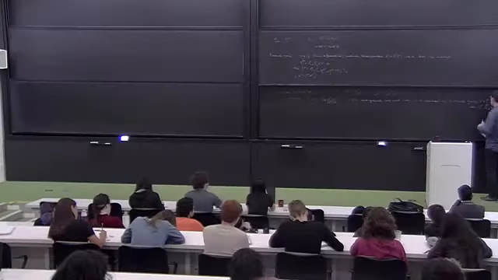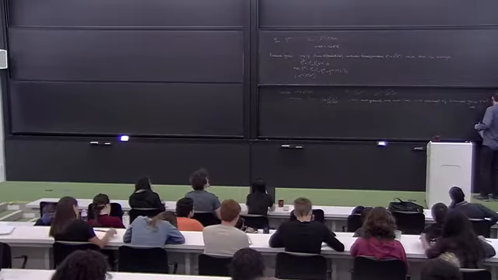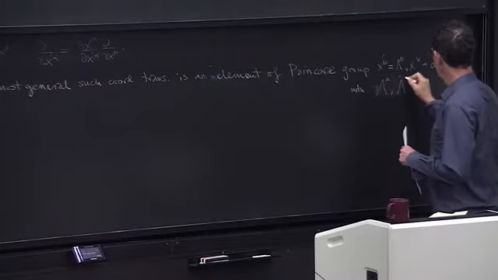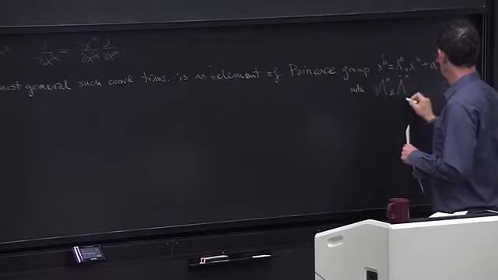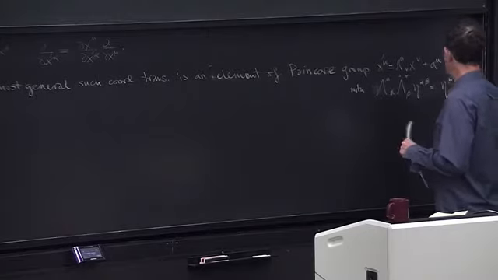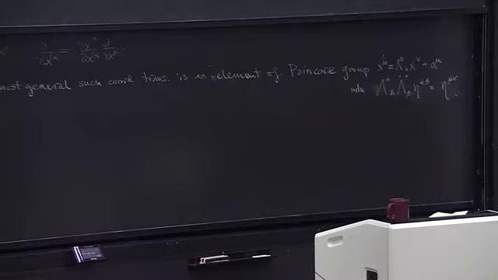In fact, these are the way I've written it. These are down. Let me do it the other way around. Should have been lambda twiddles. Okay, so that's the claim. So let's prove it.